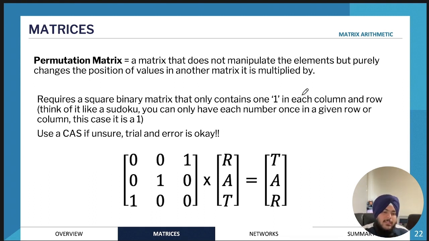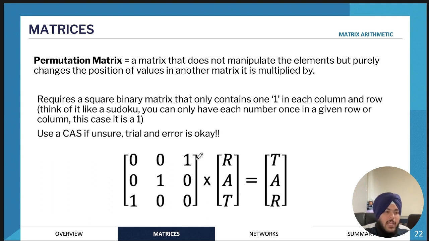Usually what we use a permutation matrix for is to change the order of the elements in the matrix. For example, if we have in this matrix rat, and instead we want tar, in order to change that order using some form of matrix method, we would need to use a permutation matrix.